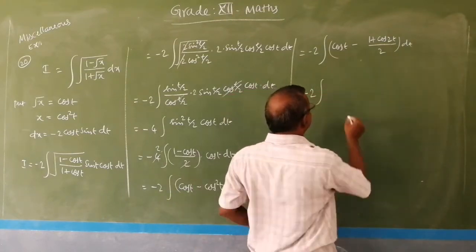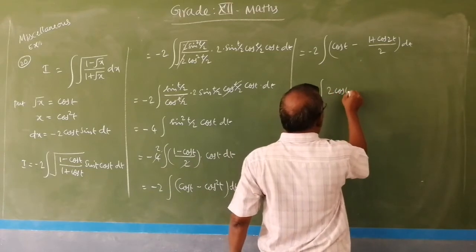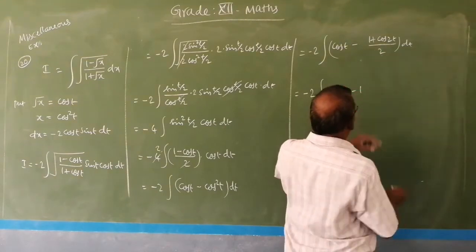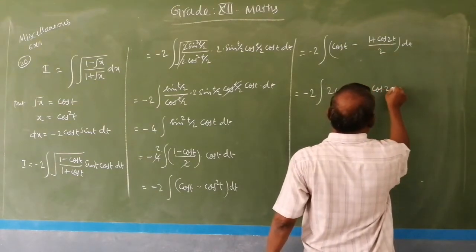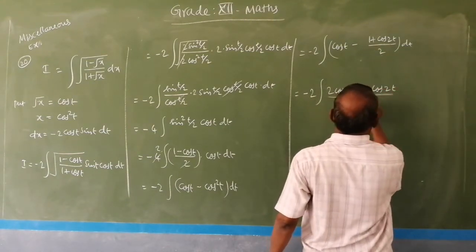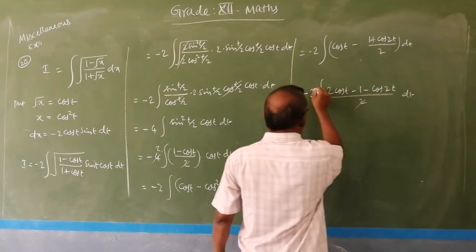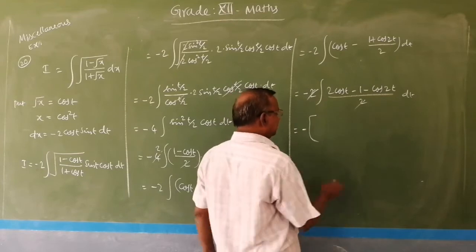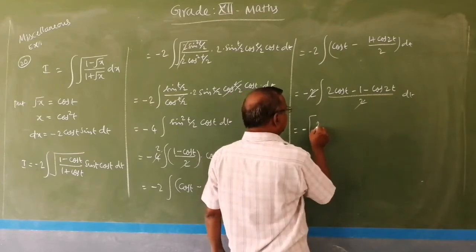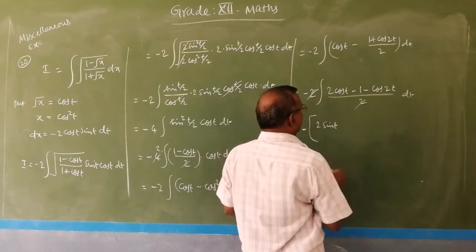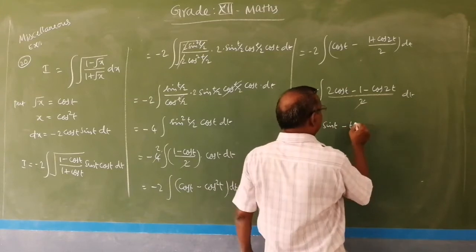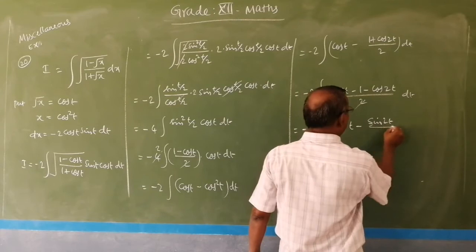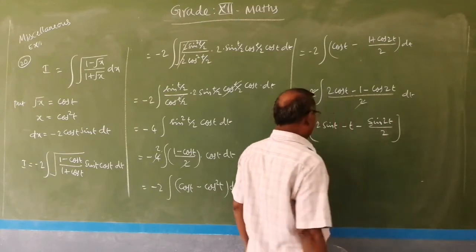So, take LCM: (2 cos t minus 1 minus cos 2t) whole divided by 2, into dt. So, integrating this part: 2 sin t, minus t, minus sin 2t by 2.